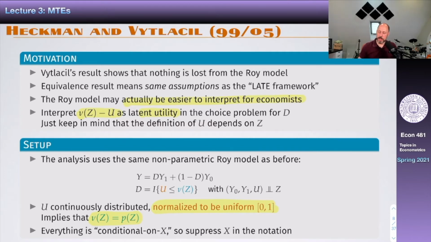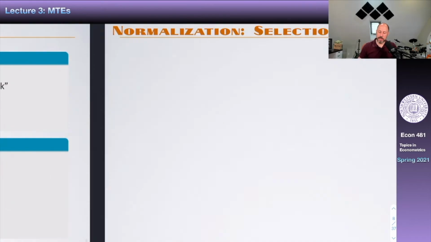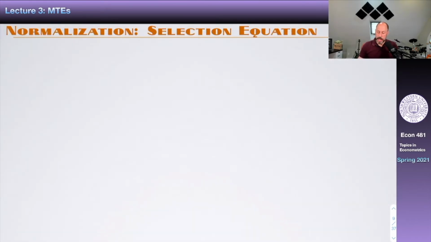But for now, let me just focus on this, and I want to make this point here, that you can always normalize this to uniform, and that a consequence of that is that this b is the propensity score. So let's do that. Suppose, let u tilde be a continuously distributed random variable with CDF f u tilde.